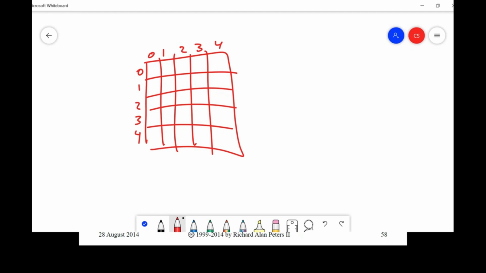But okay, let's start at 0. So these are the rows, these are the columns, and then we have I of R, C. But you can construct, for instance, let's say that I want to refer to this particular pixel. So that particular pixel would be I of 2, 4. Okay, very easy.